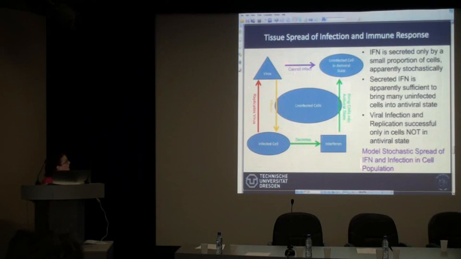You have new virus particles, and infected cells also secrete interferon, which is then used to bring uninfected cells into an antiviral state. These cells cannot be infected. However, it's not at all clear how this is going on. What we observed is that it's a stochastic process, and how can we model the stochastic spread of interferon and the infection in a cell population?